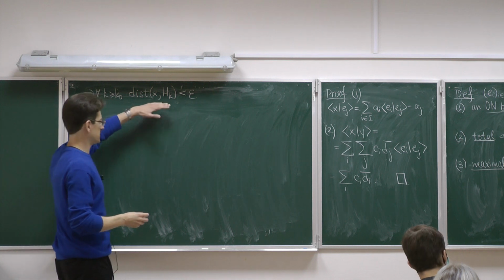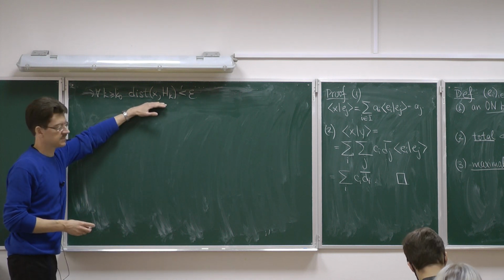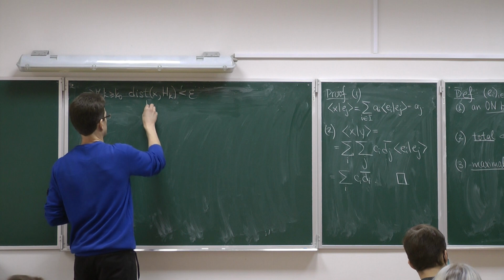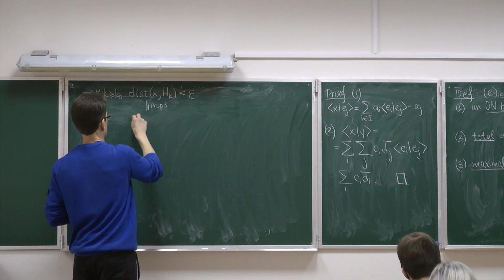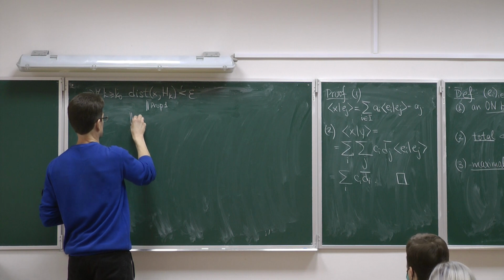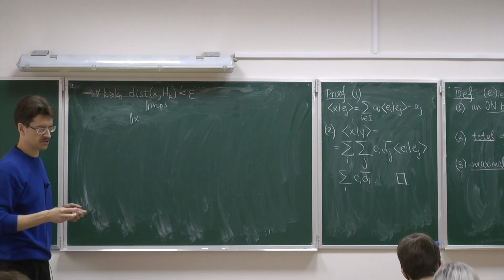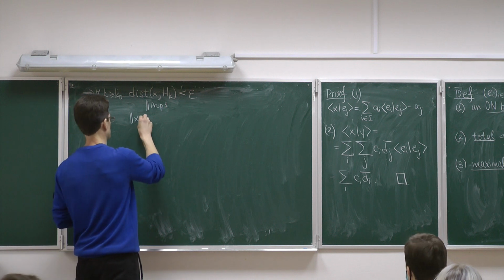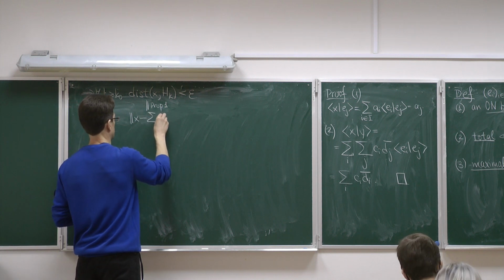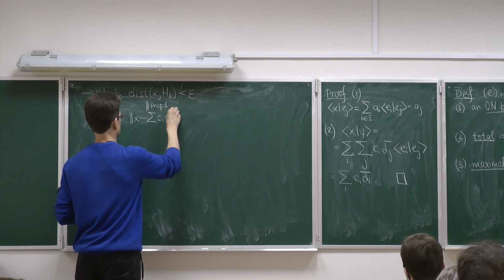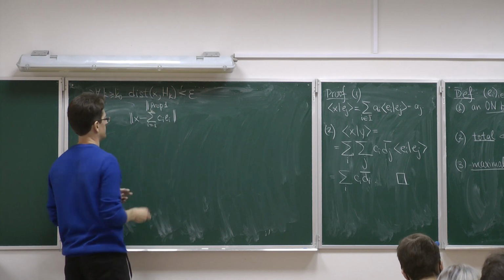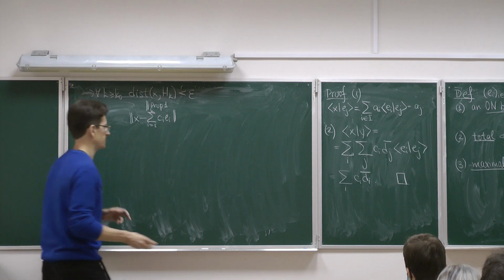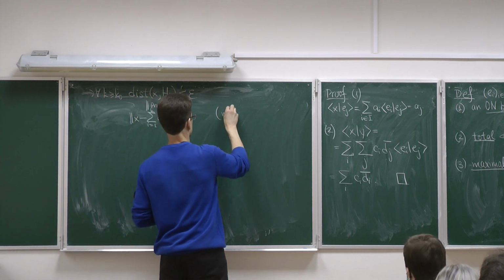But we already have an explicit formula for this distance. By proposition 1, this is the distance between x and the orthogonal projection onto H_k. And the orthogonal projection is given by the following formula: the sum from 1 to k of c_i e_i, where c_i is the Fourier coefficient.